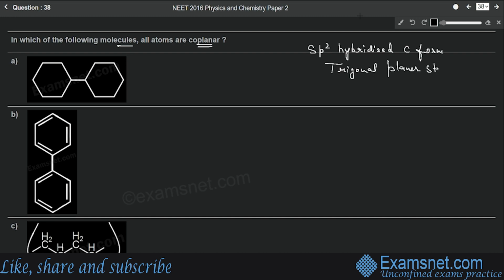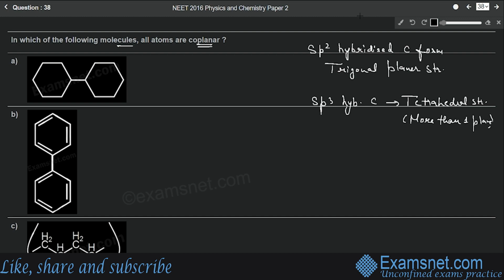That means the atoms are in the same plane. Whereas an sp3 hybridized carbon forms a tetrahedral structure, and we know that in a tetrahedral structure more than one plane is required.